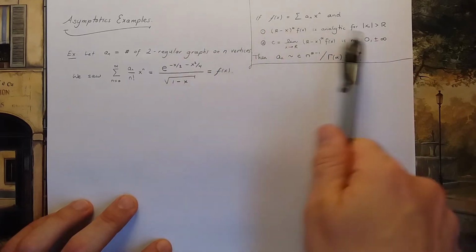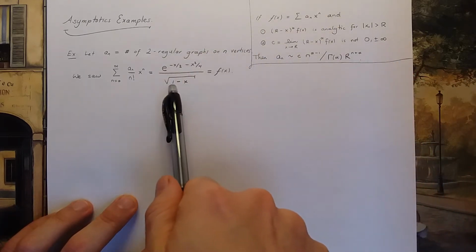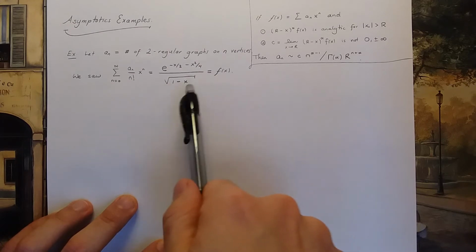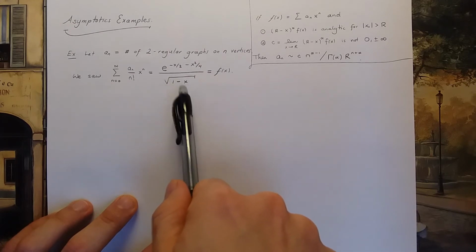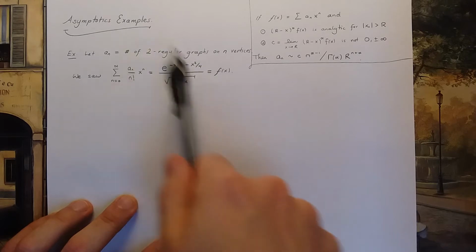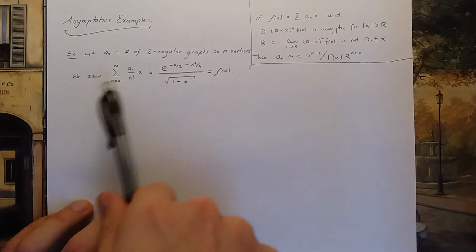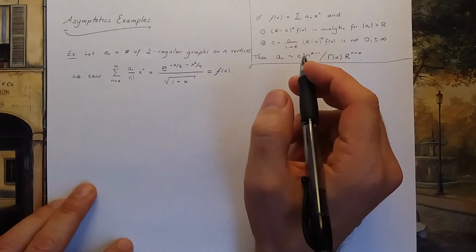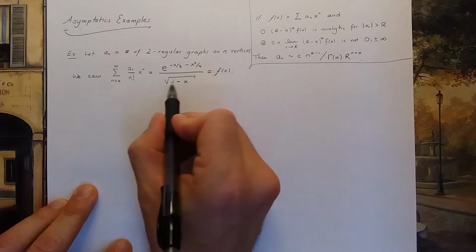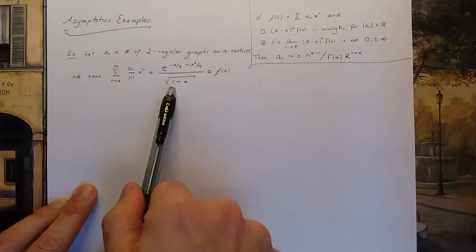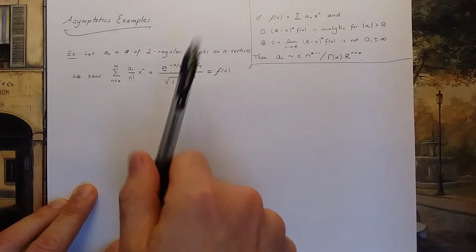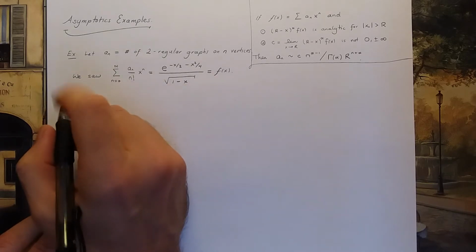So the idea is to identify the singularity of your generating function nearest to 0. And that's going to dictate the asymptotic behavior of your coefficients. Here, the only singularity is at x equals 1. So I'm going to consider the following.